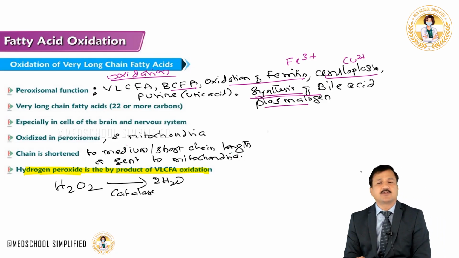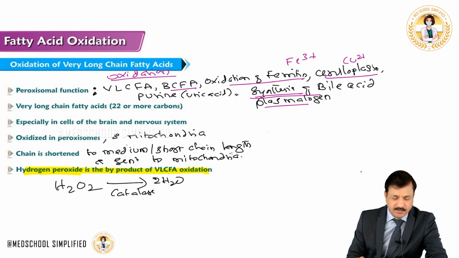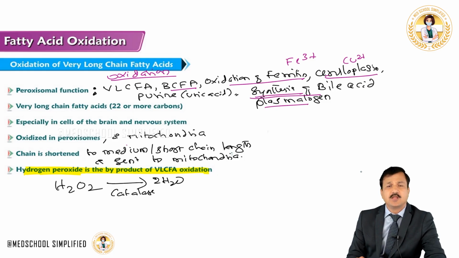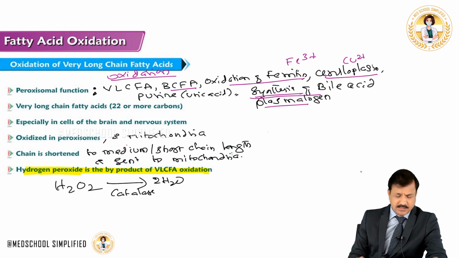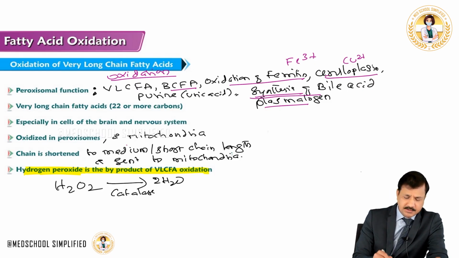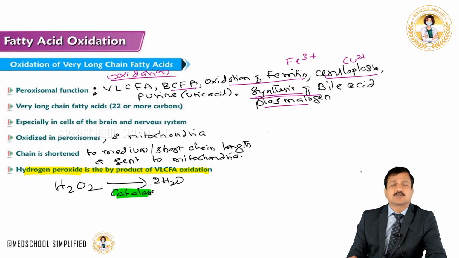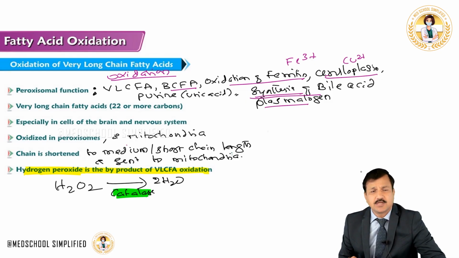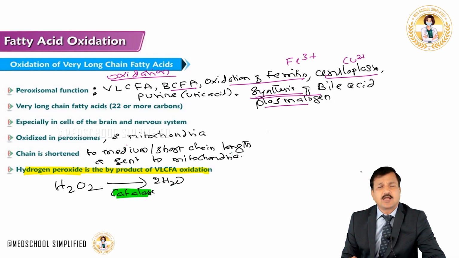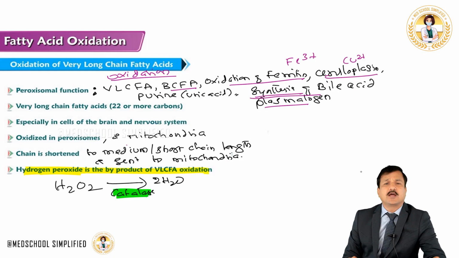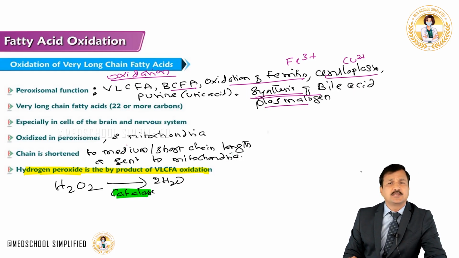Catalase neutralizes the hydrogen peroxide produced in the peroxisome by VLCFA oxidation and also by purine oxidation into uric acid formation. There is a generation of hydrogen peroxide. That's why peroxisomes express the highest concentration of catalase enzyme, so that hydrogen peroxide is neutralized into water and hydroxyl radical formation is prevented.